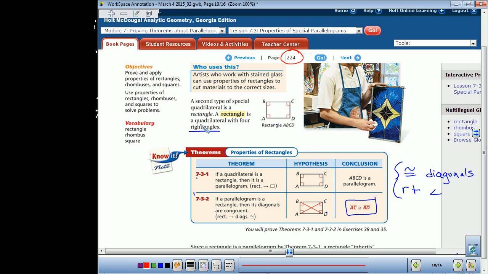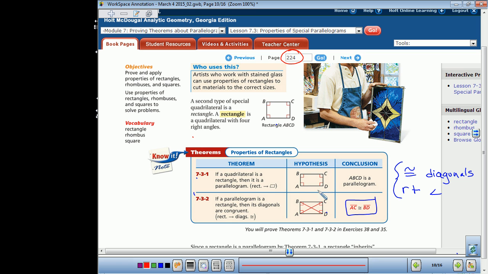All right, so by definition, a rectangle is a quadrilateral with 4 right angles. And we just spoke of this. If a quadrilateral is a rectangle, then it is a parallelogram. Does that make sense? If it's a rectangle, then it must be a parallelogram. Because by definition, rectangle has 4 right angles. So does this show that A is supplementary to both B and D?